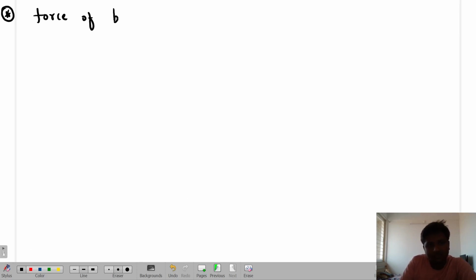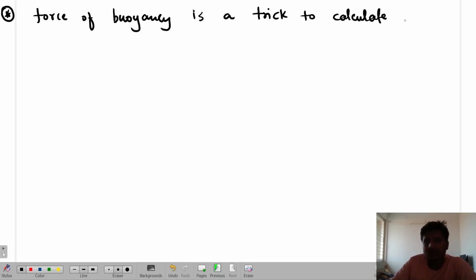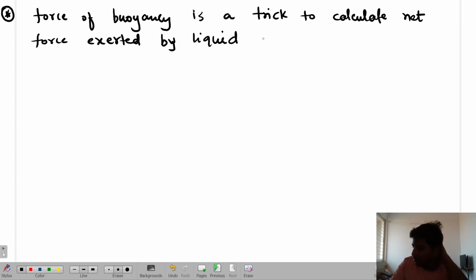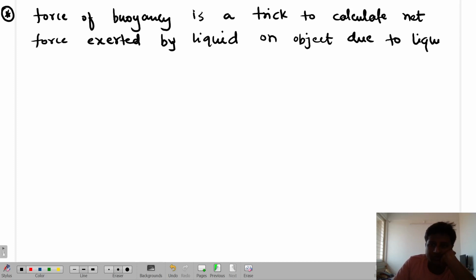Force of buoyancy is the trick to calculate the net force exerted by the liquid on the object due to liquid pressure. If there is no liquid pressure, then this force is of no use.